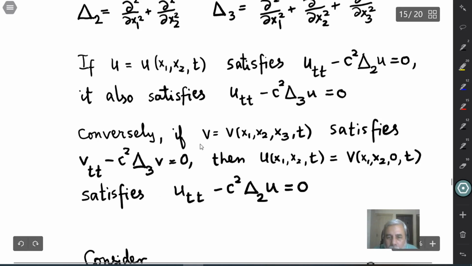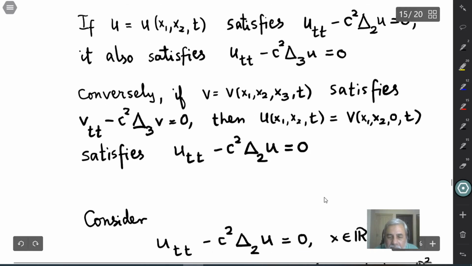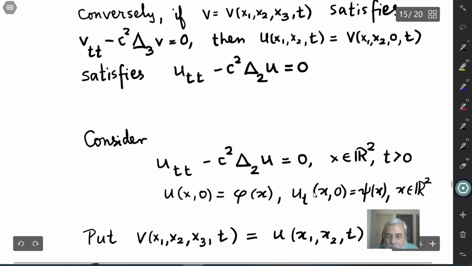So we are now going to construct a function which satisfies the three-dimensional wave equation, and by this restriction we obtain the formula for the two-dimensional wave equation. Now consider the initial value problem, the two-dimensional one.